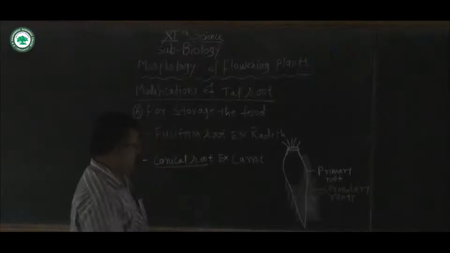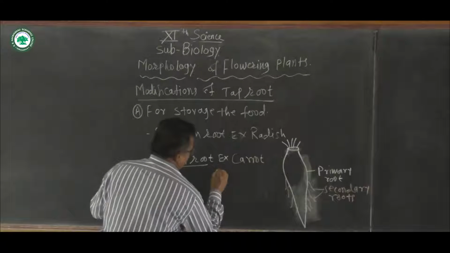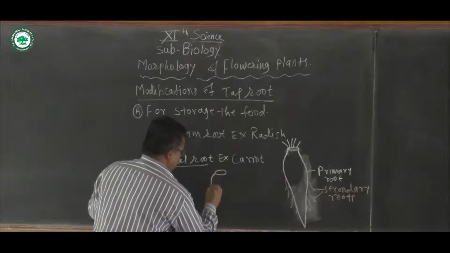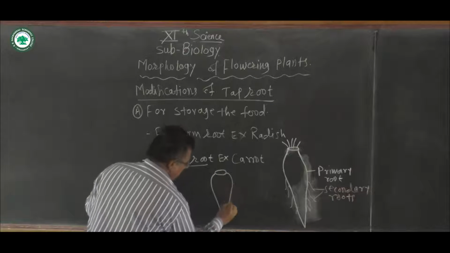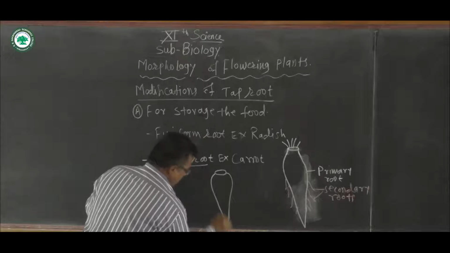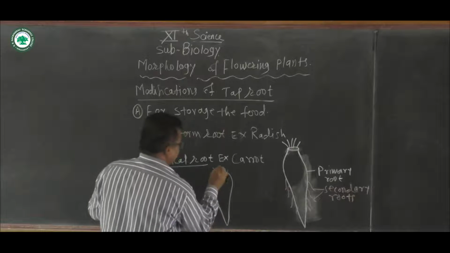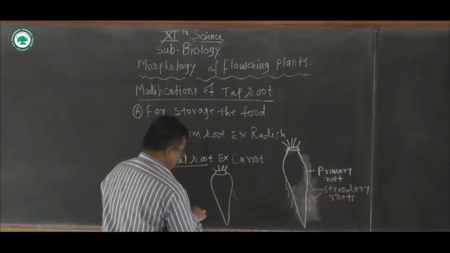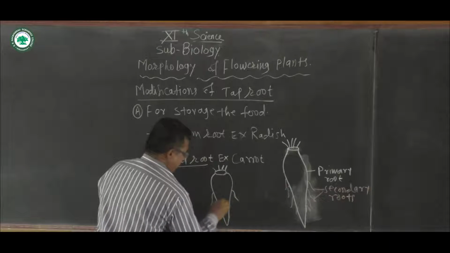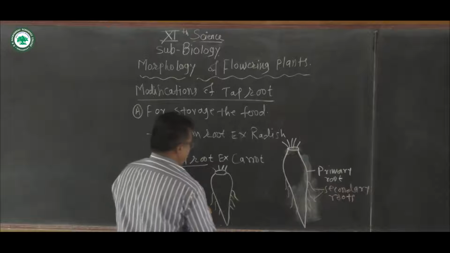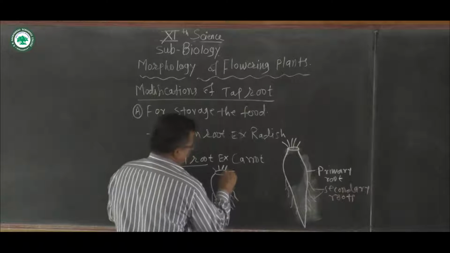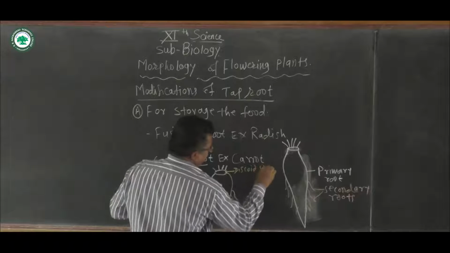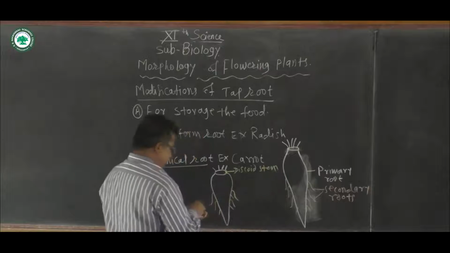Here we have the primary root, secondary roots, and a reduced discoid stem.